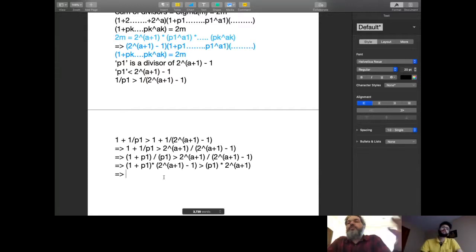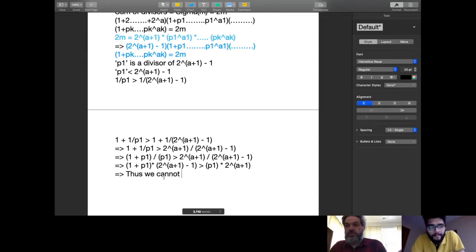So if we put everything together, you cannot have 2m equal to the first row and then 2m equal to what's on the second and third row. What's on the second and third row is larger. So that's my conclusion, that we cannot have any even perfect numbers at all by this proof.